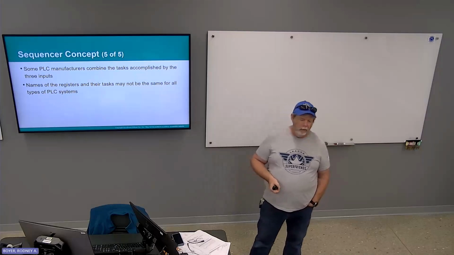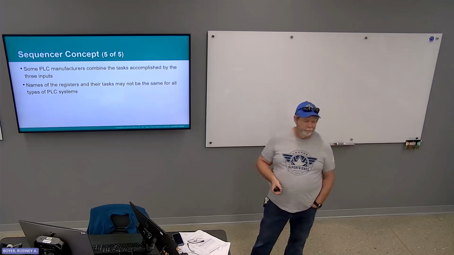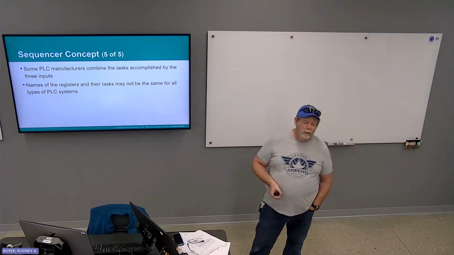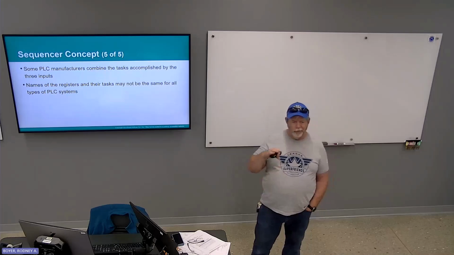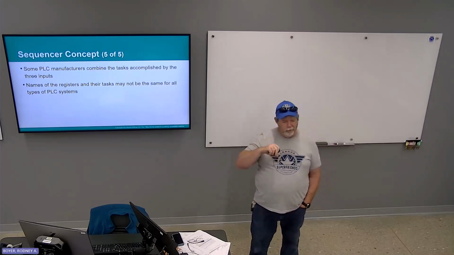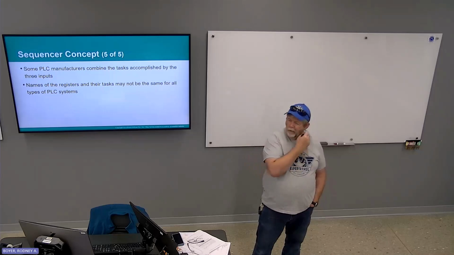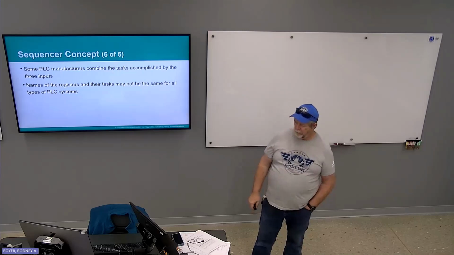With Rockwell, it is R6 by default. You can create additional control registers and add them, but by default, R6 is the control register.